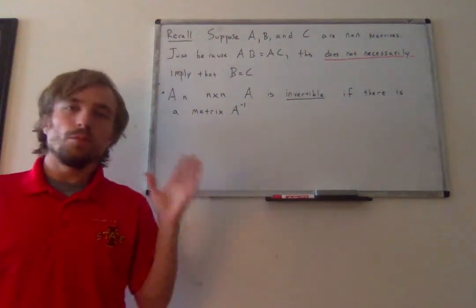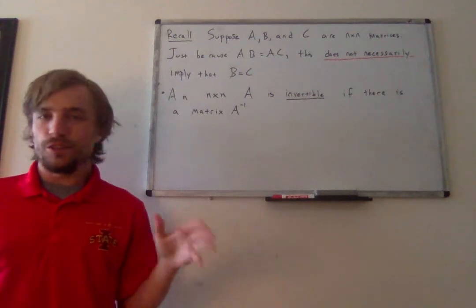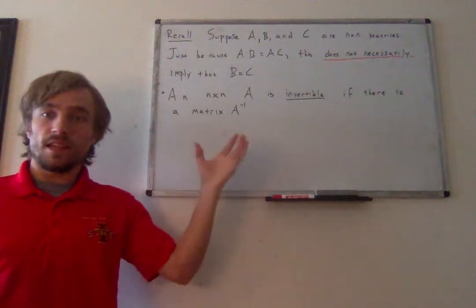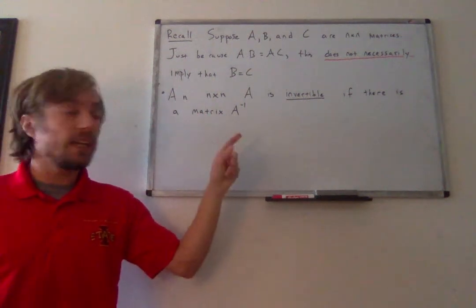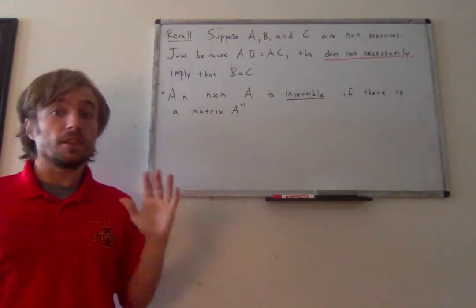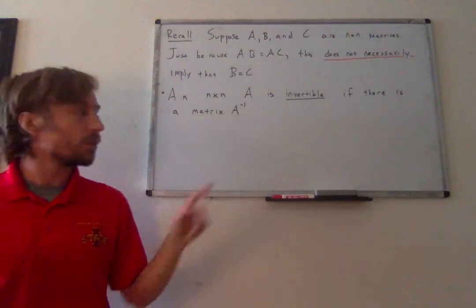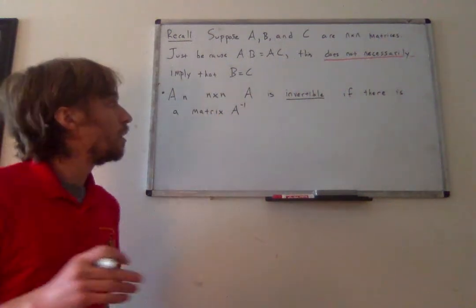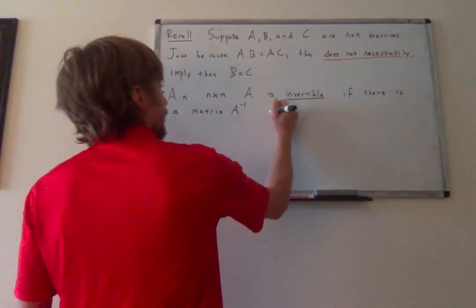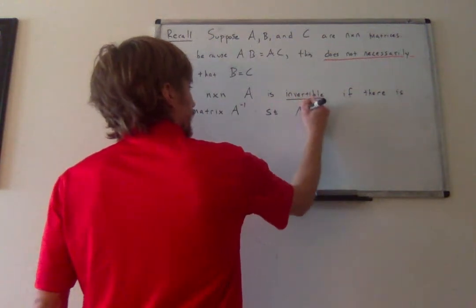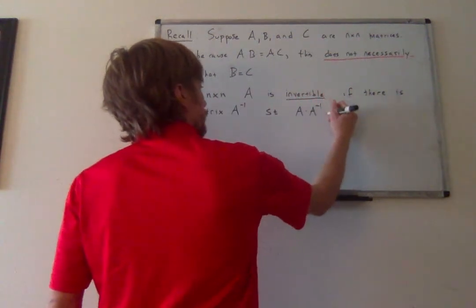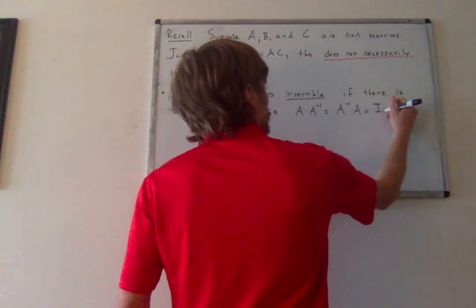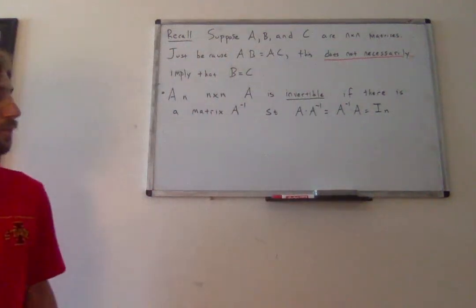And so, again, more of the bad notation in math, this isn't take all of the entries of A to the negative 1 power. This is a very different thing. This is A inverse. And we'll see that this is very different from what it initially looks like. So be really, really careful. This notation means A inverse. So A is invertible if there is a matrix A inverse such that A times A inverse is equal to A inverse times A is equal to the identity matrix.